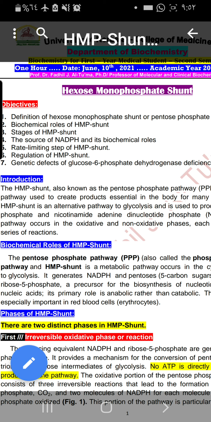What are the sources of NADPH coenzyme, or nicotinamide adenine dinucleotide phosphate reduced form coenzyme, and what are the biochemical rules of this coenzyme?